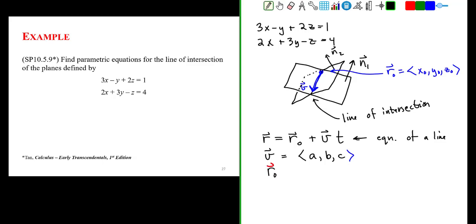R naught then is x naught, y naught, and z naught, and any point along the line is given by position vector r with coordinates x, y, and z.